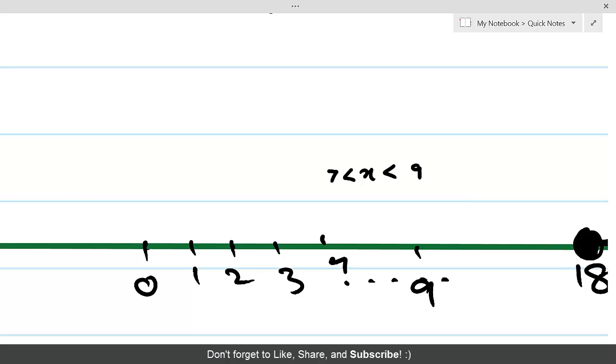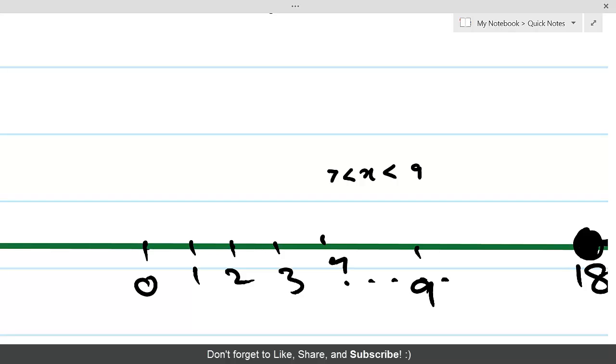So that is one thing we have to decide, and we also need to identify the reference points, which are 7 and 9. Once the reference points are identified, and we know x is between 7 and 9, the last thing is to see whether the circle at 7 and 9 is going to be solid or empty.